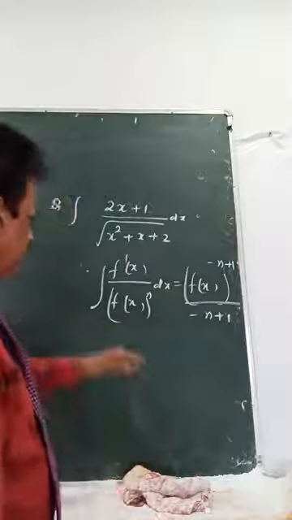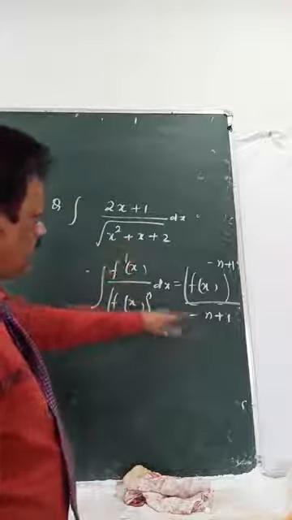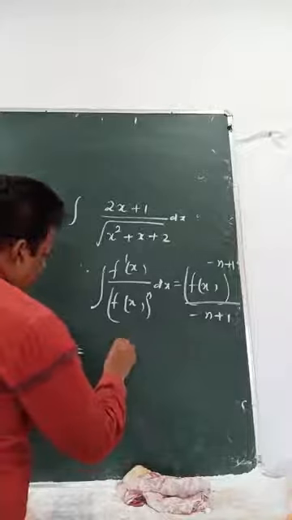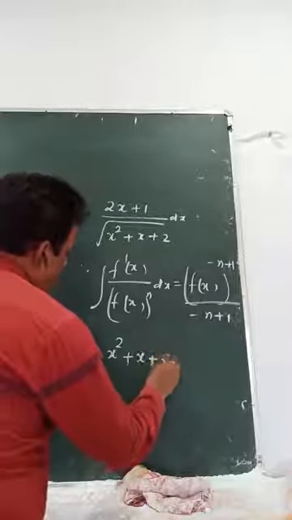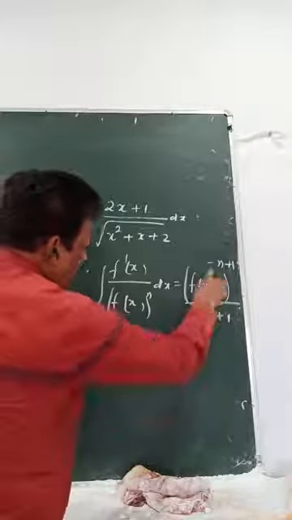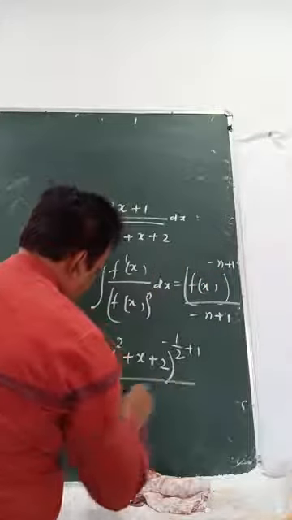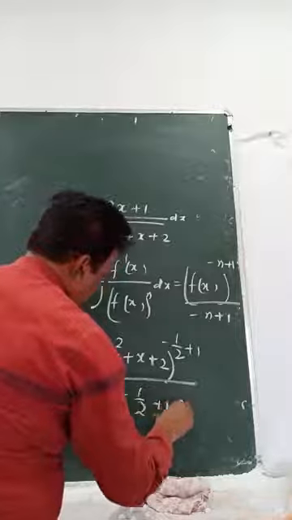So if I use this, then I will get x square plus x plus 2 to the power minus n plus 1, that is minus half plus 1, divided by minus half plus 1, plus c.